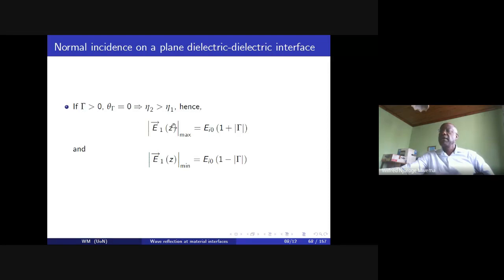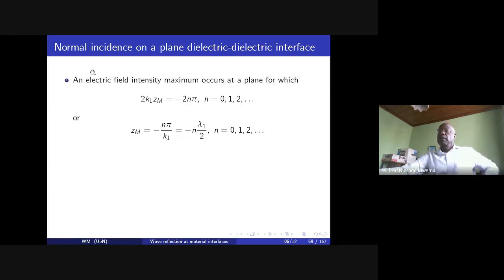This will give us a maximum value for the magnitude of E1z at the given point, and we can get it as Ei0 into 1 plus the modulus of gamma. And the minimum value will be when we subtract the gamma from unity, and therefore we'll get a minimum value of Ei0 into 1 minus the modulus of gamma.